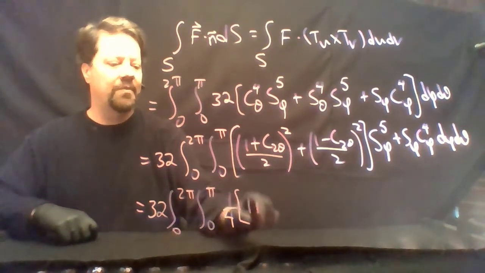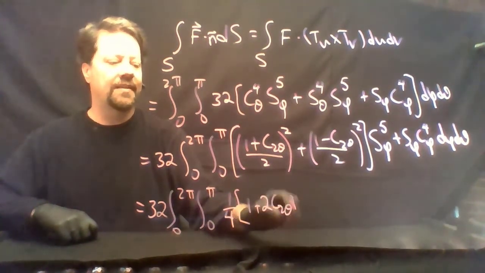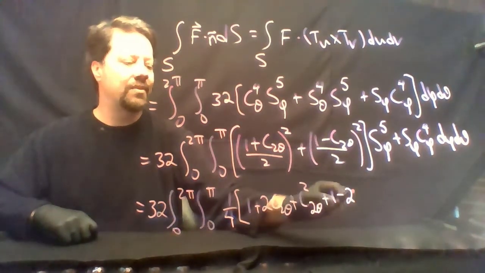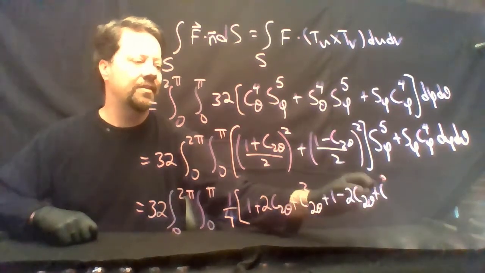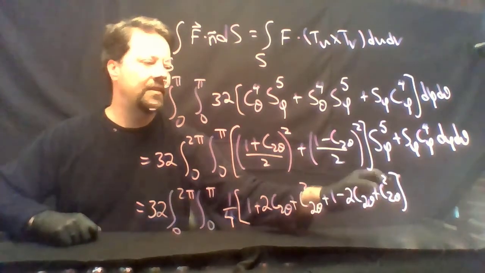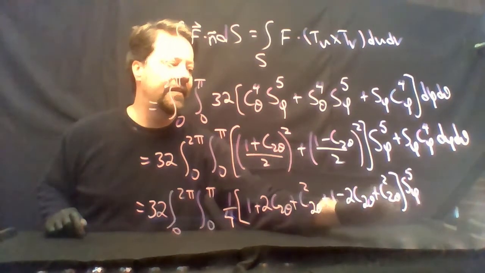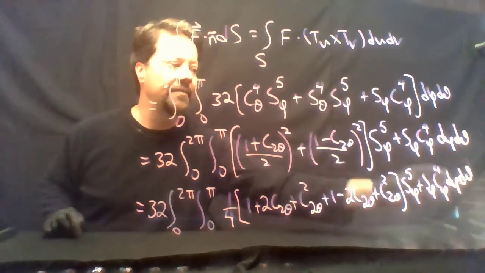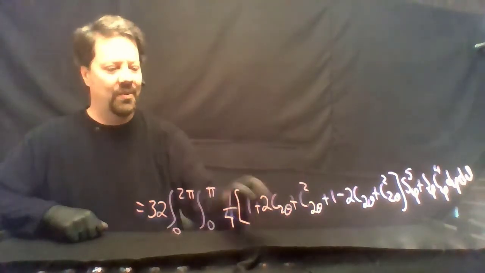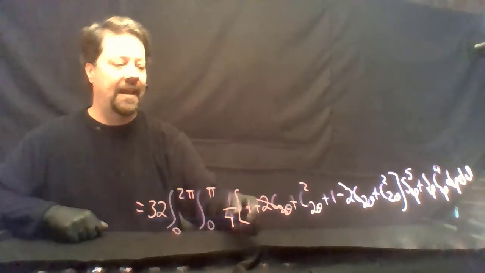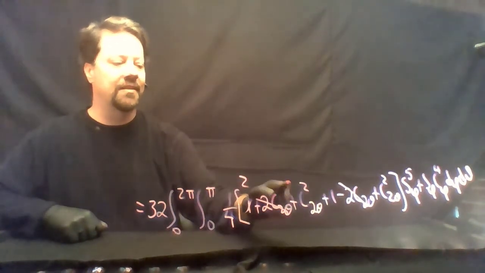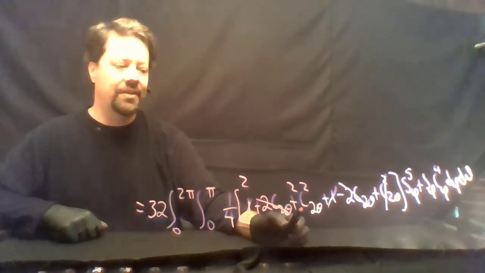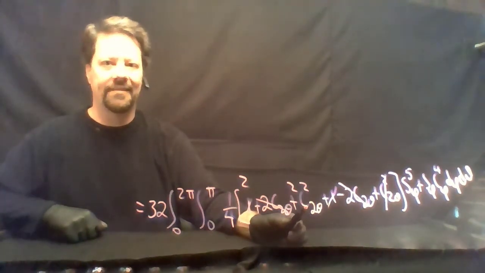We'll have 1 plus 2 cosine 2 theta plus cosine squared 2 theta, and 1 minus 2 cosine 2 theta plus cosine squared 2 theta, all times the sine to the 5th phi plus sine phi cosine to the 4th phi, d phi d theta. We get a little bit of cancellation here, and we can combine some like terms. We have this 2. We still have a 2 cosine squared of 2 theta.